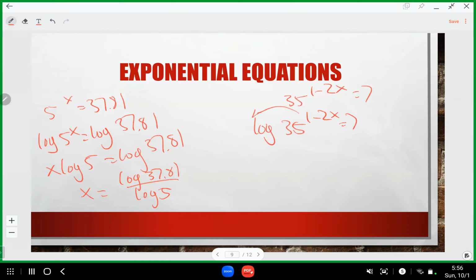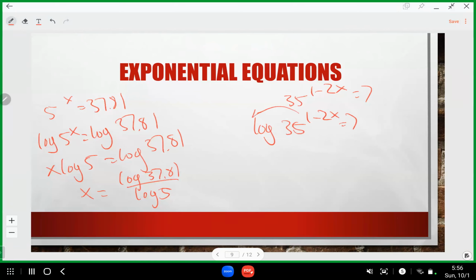So then 2x is equal to 1 minus log of 7 over log of 35, and that's over 2. Right. So yeah, you can always do the calculator work on that. I'll just leave it in exact form for now because we are running out of time.